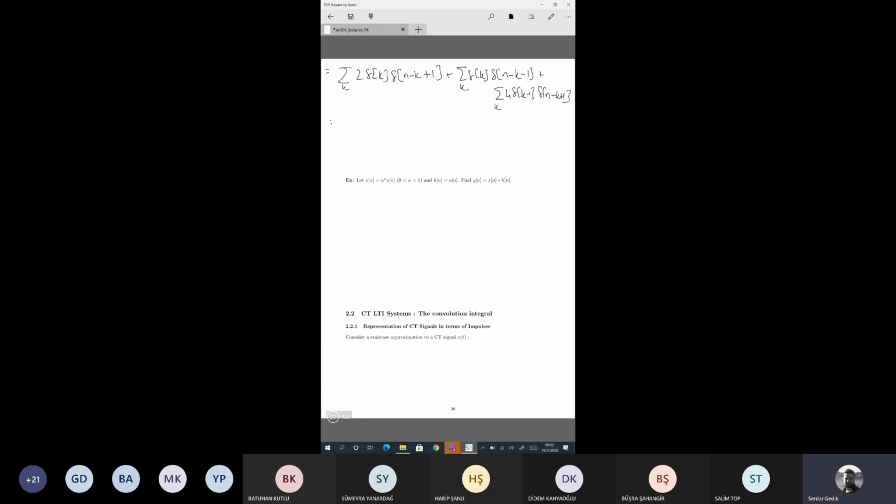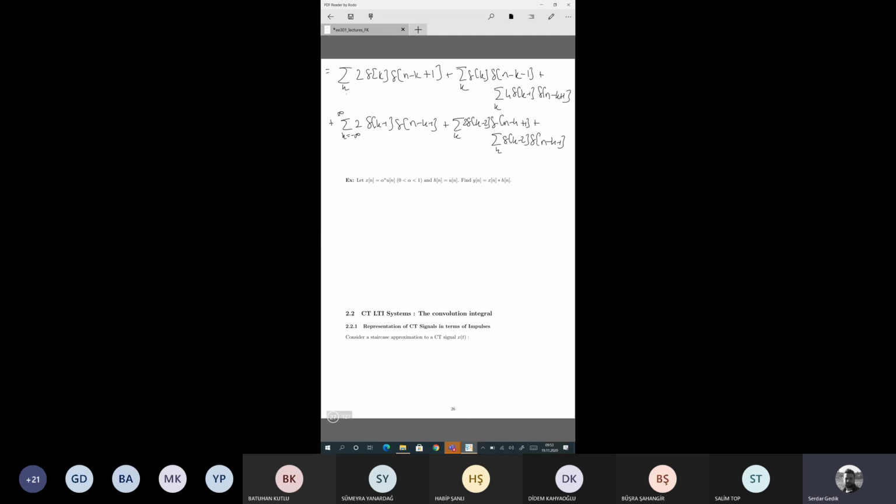And I'm continuing the terms plus summation k from minus infinity to plus infinity, 2 times impulse of k minus 1 and n minus k minus 1 plus. So in the second row again I'm continuing.